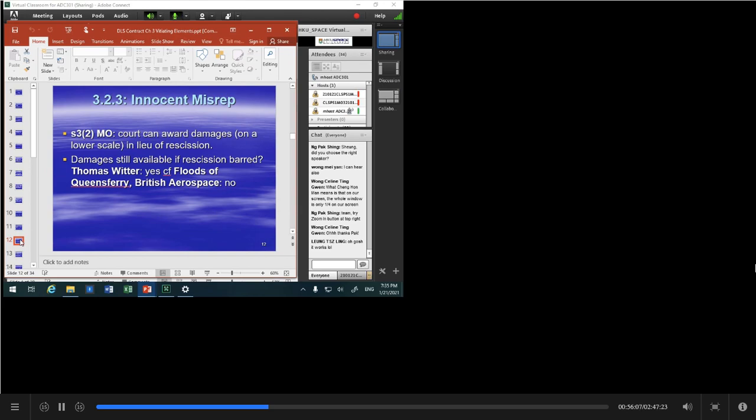If you get it in Part A, of course, it's a shorter one, and it'll be a sort of bookwork type question, but it could come up in Part B with a full problem question. You may be given a situation and somebody has made a statement, and you're asked to advise the representee of a possible claim for misrepresentation. Well, if you do, you know what to do.